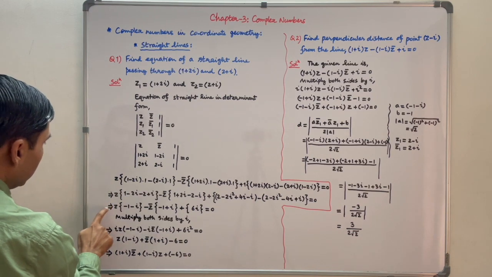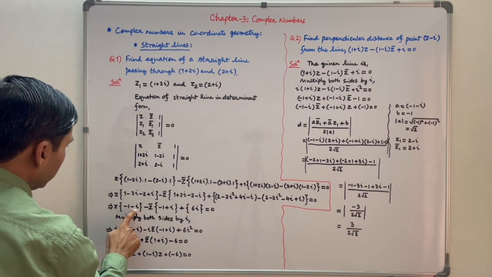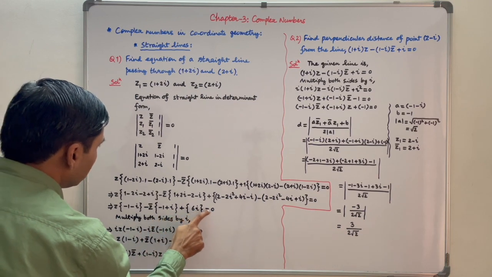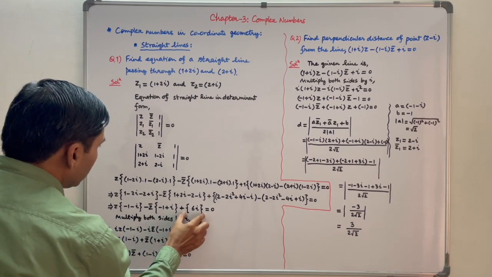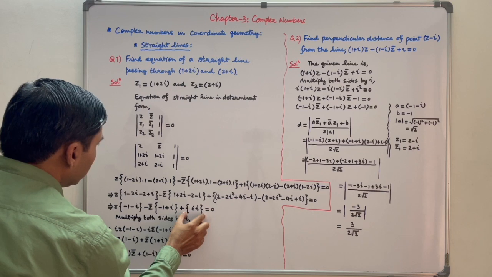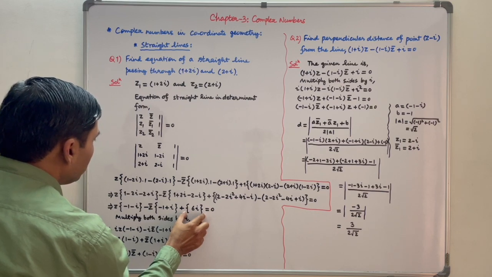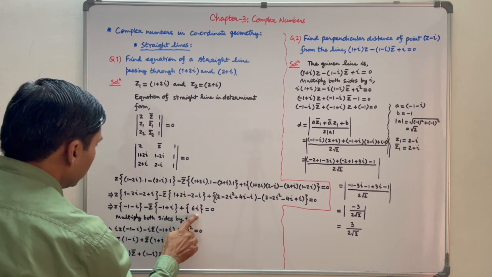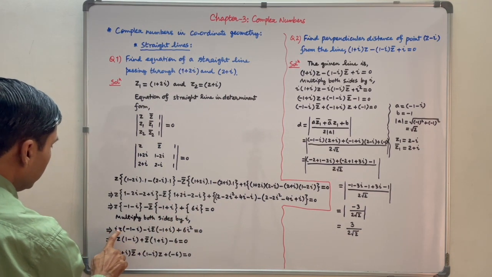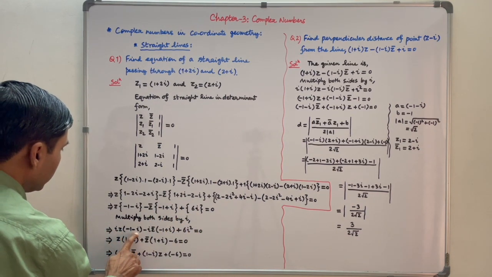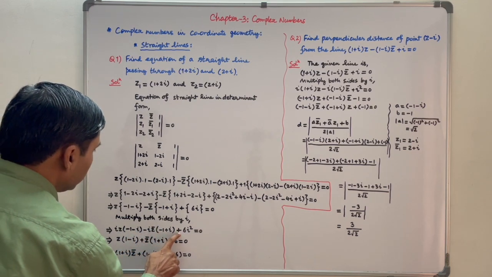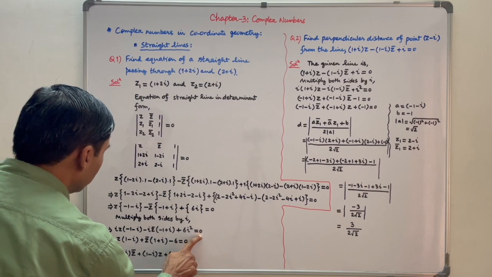So we will get z into (−1 − i) − z bar into (−1 + i) + 6i is equal to 0. This part should be purely real, but it is purely imaginary. To make it purely real, we will multiply both sides of the equation with i. So we will get iz(−1 − i) − i z bar(−1 + i) + 6i² is equal to 0.